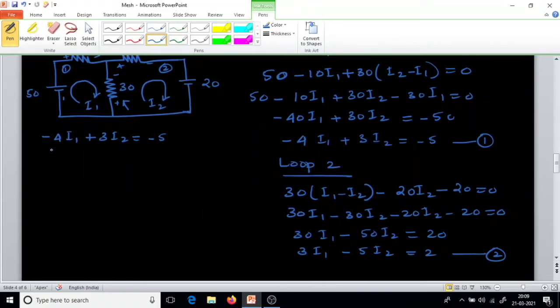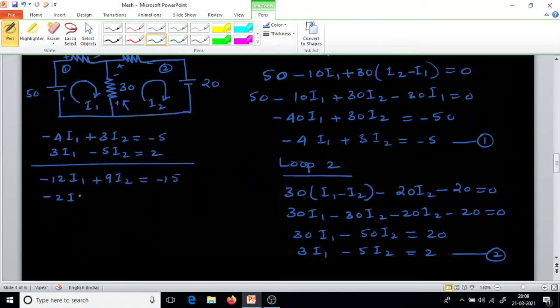The second loop equation is 3I1 minus 5I2 equals 2. Now I will simplify. I will multiply the first equation by 3, that is minus 12I1 plus 9I2 equals minus 15.